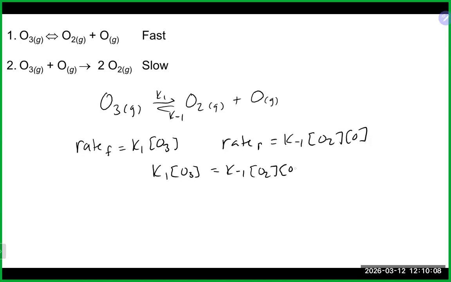There's a couple ways you could look at this. One way, for example, is if I solve for K minus 1 just by itself, I would take this and divide it over there.